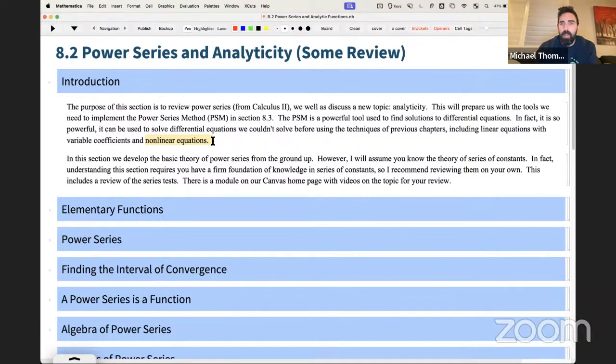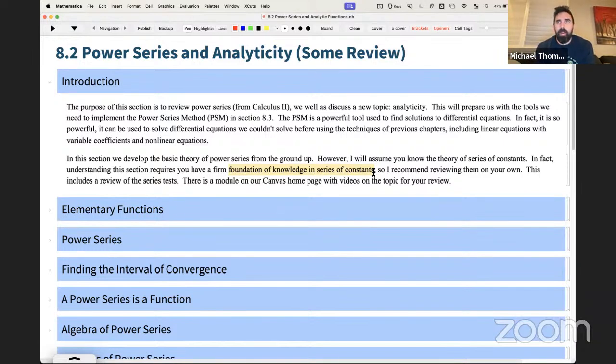One of the things you do need to know is that you have to have a foundation of knowledge of series of constants. This is where there's no variable involved. This is the first part of your Calc 2, where you had a bunch of constants and you're adding them together. So there's no x, but there's a bunch of series tests.